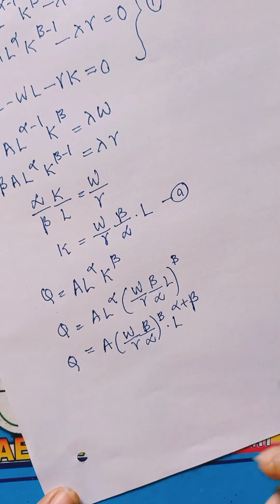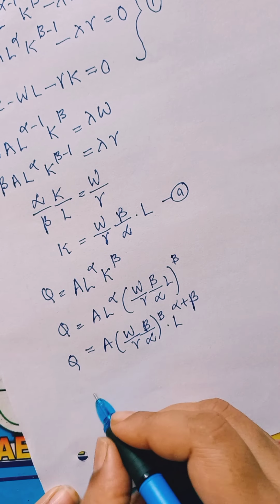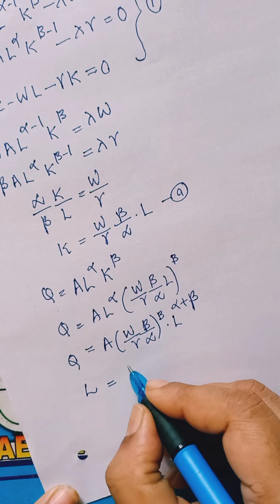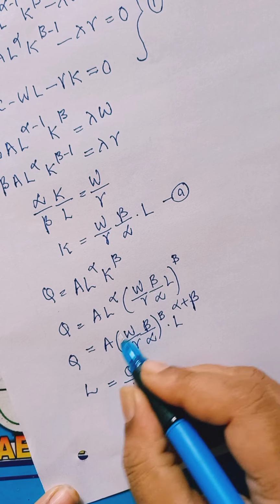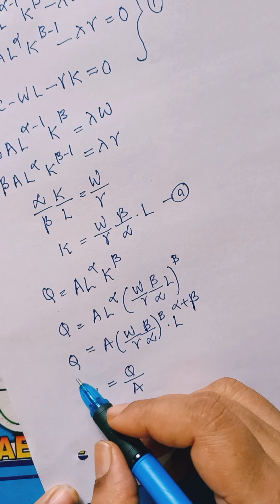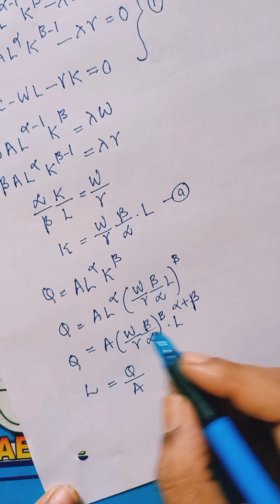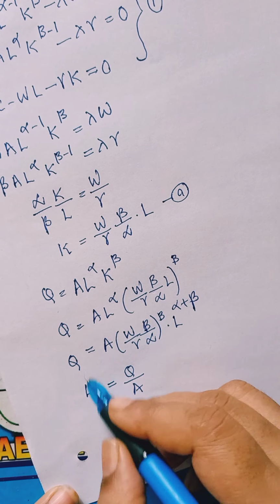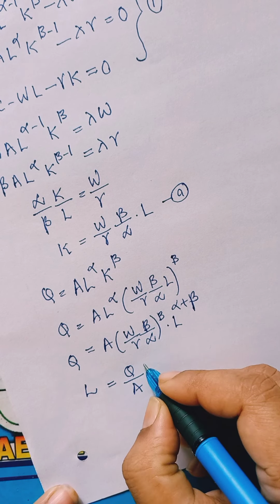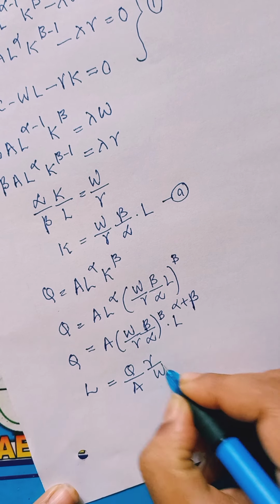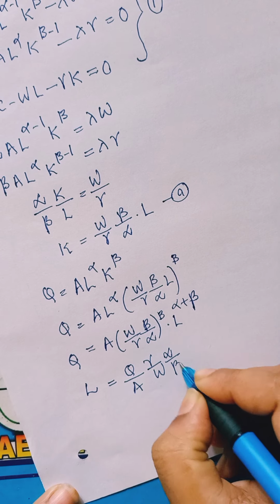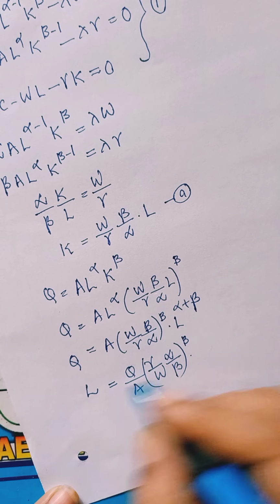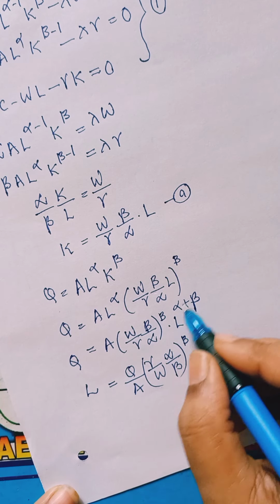Then next we are solving this equation for L. Then L is equal to Q by A, that is, A is multiplied here and it will become divided by A. Next w by r beta by alpha again becomes its reciprocal, that is r by w alpha by beta whole raised to beta. Next, here there is L raised to alpha plus beta.